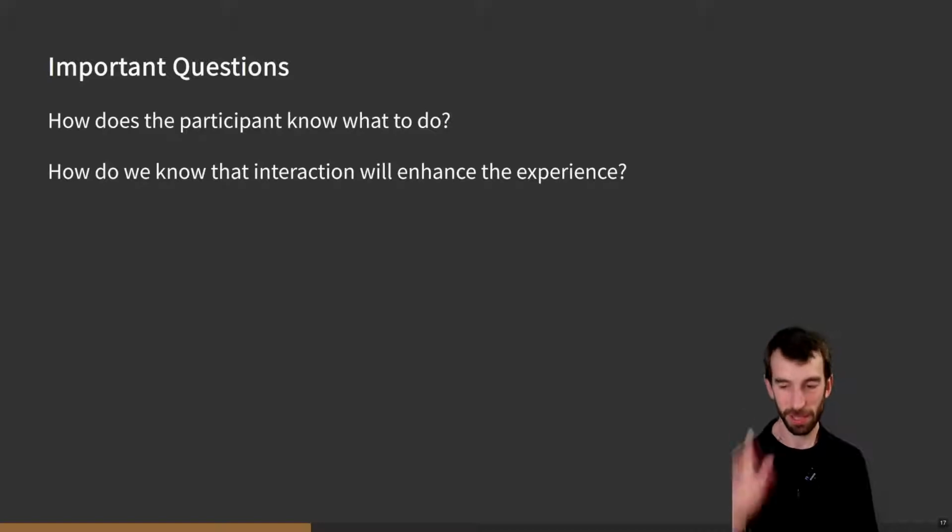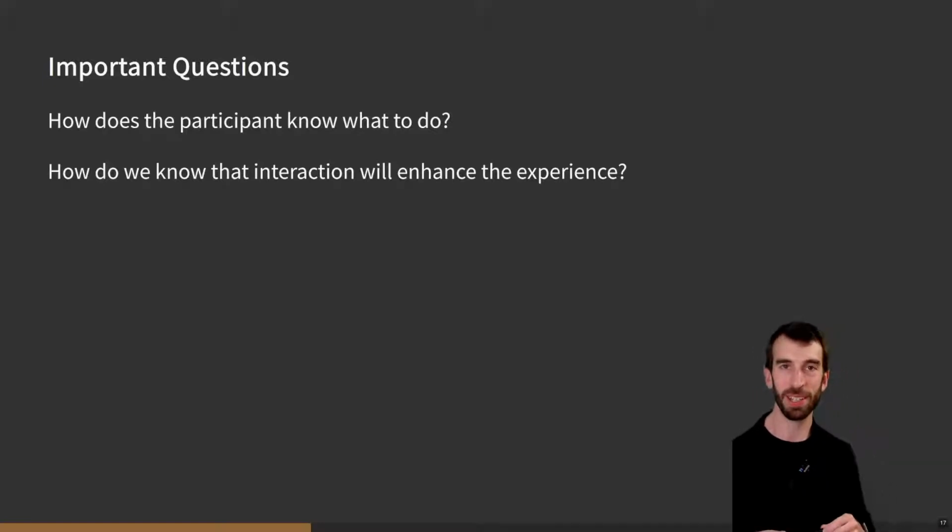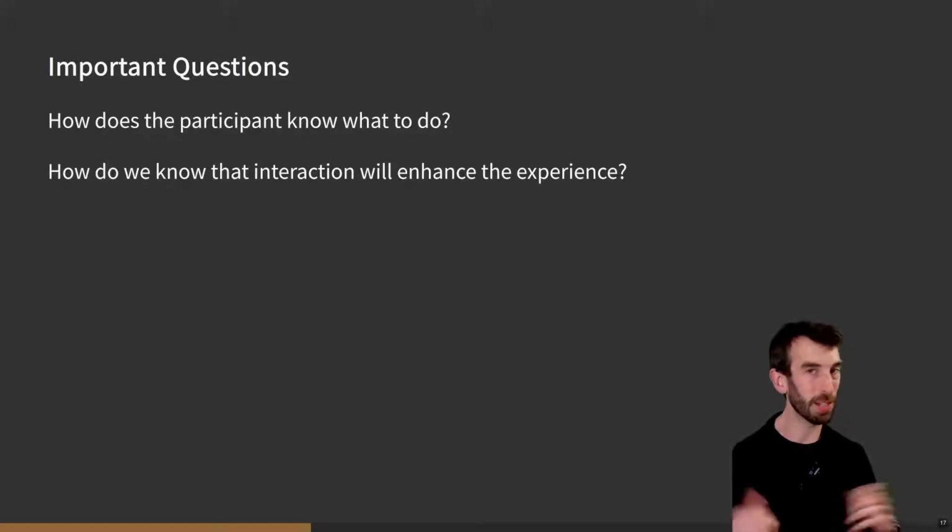One important question, this is thinking from the participant side, the user experience side. How does the participant know what to do? And that's probably the most important question that you can ask of an interactive artwork. How does the participant know what to do? It could be that there are lots of answers to that question that are valid. One is that they don't know what to do.